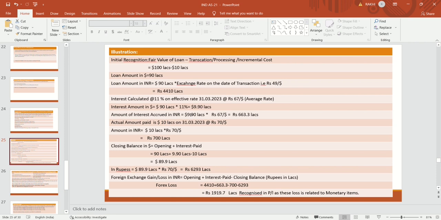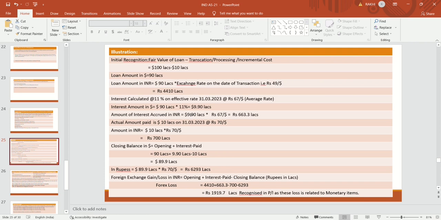Now how will we find out the closing balance in dollars? That is the opening balance, the 90 lakh loan amount, plus interest, that is 9.90, minus paid, that is 10 lakhs, all in dollars, to determine the closing balance, that is 89.9 lakh dollars. We will convert that closing balance into INR by taking into consideration the closing rate as on 31st March 2023, that is rupees 70 per dollar.